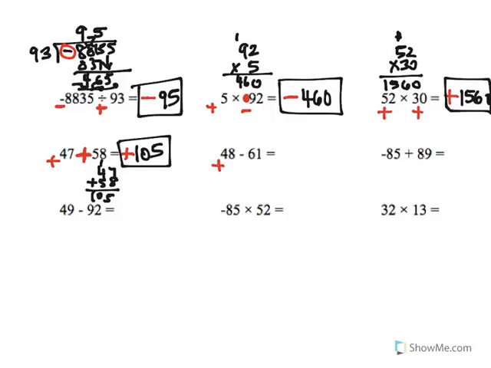Here I have a positive and a negative. Let's see what we have. We have 61 minus 48. If I'm just subtracting, I flip the two numbers. How do I know when to do this? If the second number is bigger than the first number.